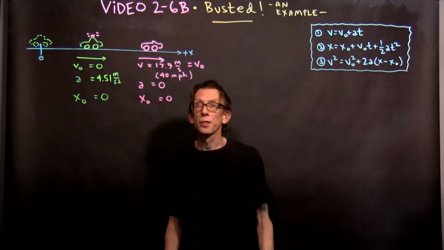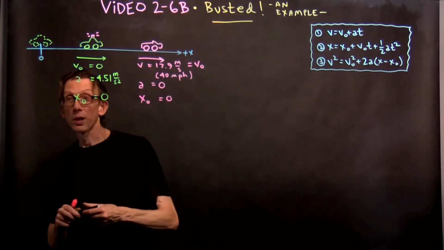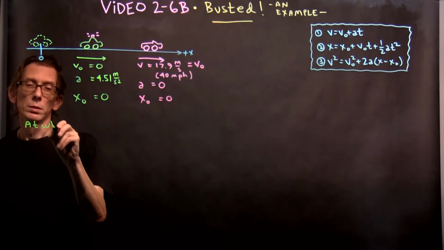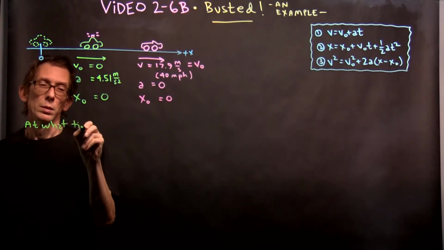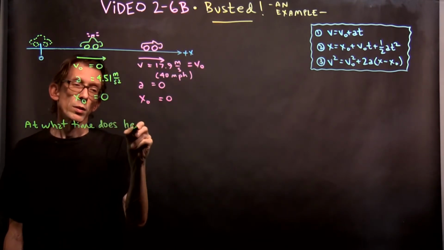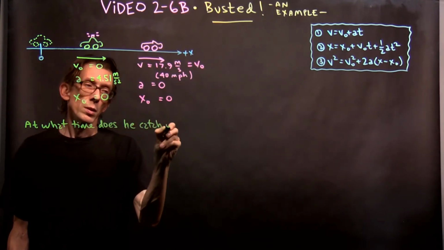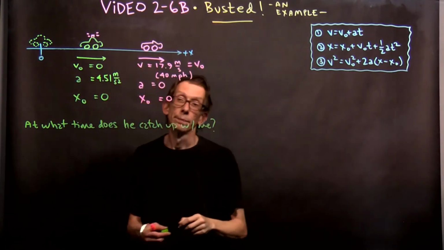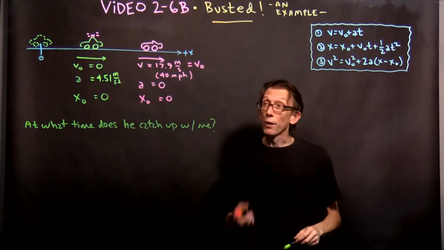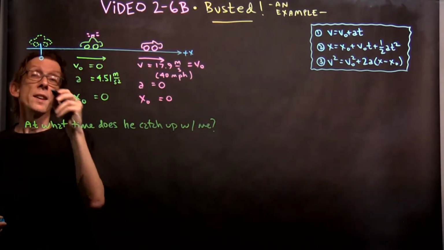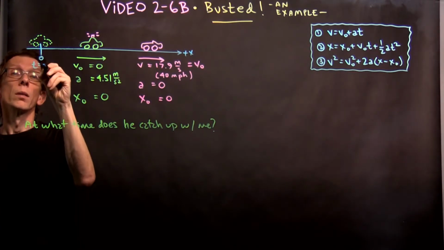And so the question is, what's the question? The question is, at what time does the officer catch up with me? And of course, what we're going to do is we're going to set T naught equal to 0.